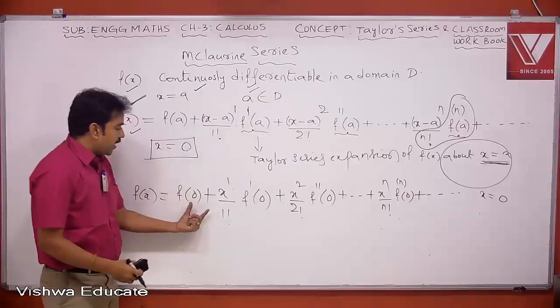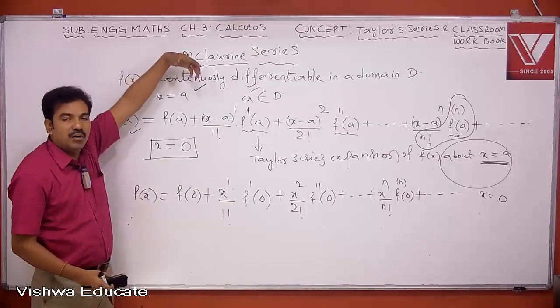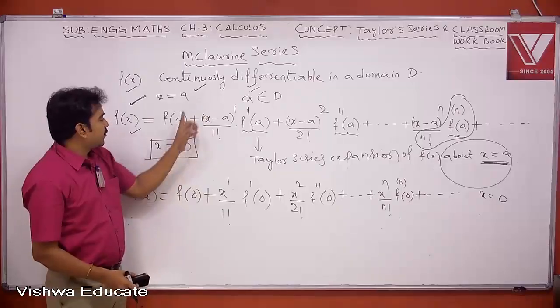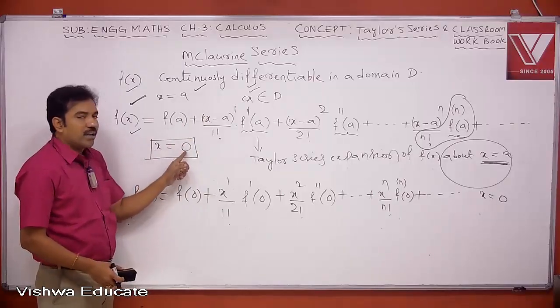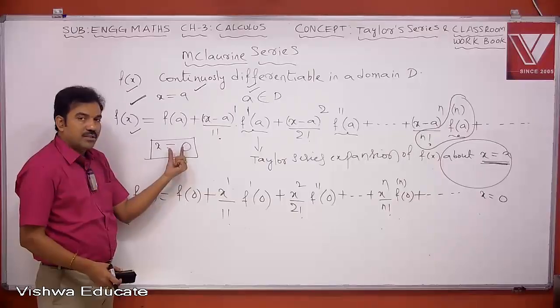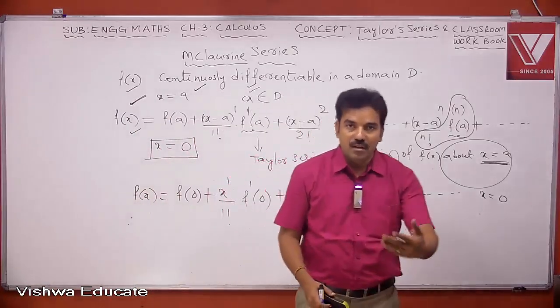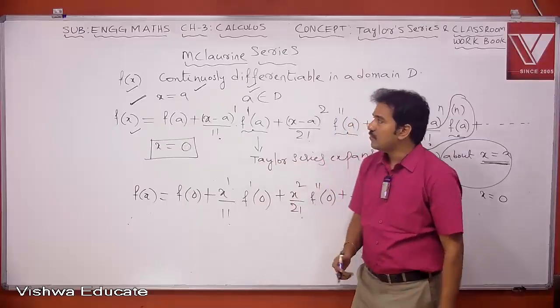Therefore, this is called the Maclaurin series expansion of the function f of x. So how to define this? The Taylor series expansion of f of x about x equal to 0 is called a Maclaurin series expansion of f of x. Note this point.